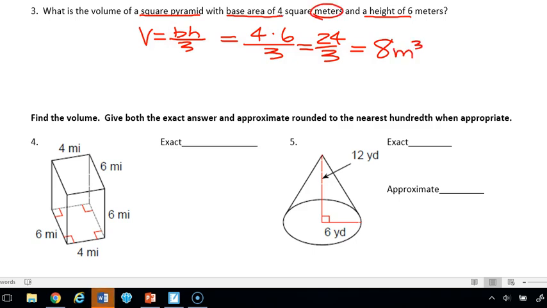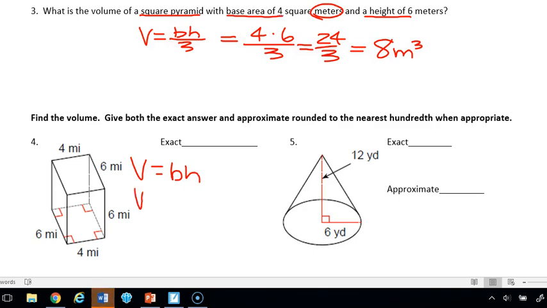So number 4, in 5 it says find the volume, give both the exact answer and the approximate rounded to the nearest hundredth when appropriate. So on this one, when we're talking about the volume of a prism, it is again base times height, and our base here has a length and a width.